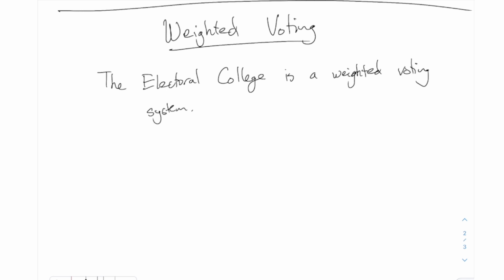What that means is different bodies, which could be individual people, or in the case of the Electoral College, the states, vote, and each one's vote counts for a different amount.